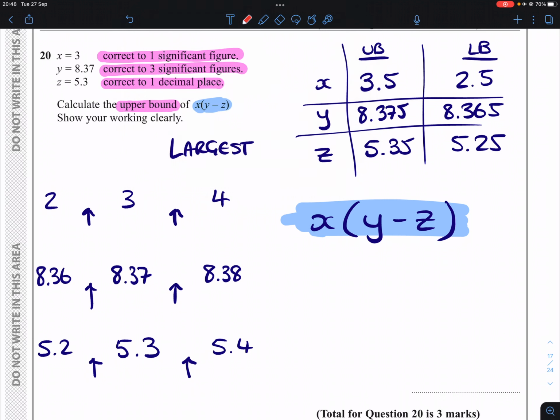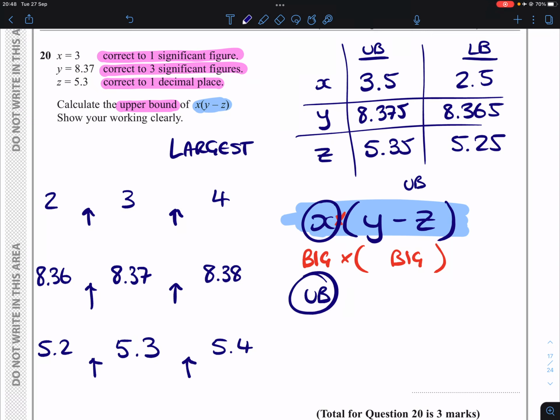In terms of how you would figure this out without trial and improvement, you have a multiplying sum here in red, which means we want the biggest possible values either side of that multiplying sum. So we want the upper bound of x and the upper bound of the bracket first and foremost.